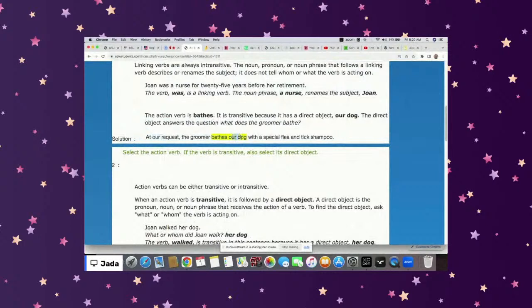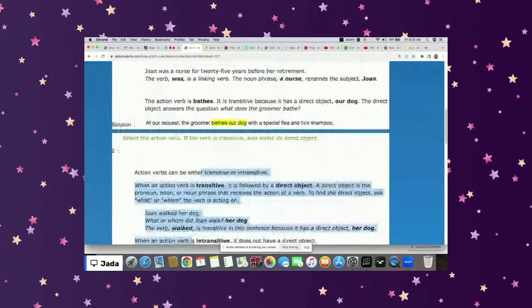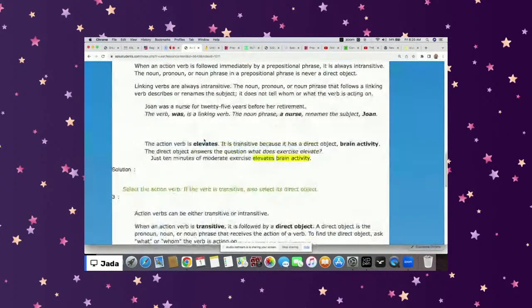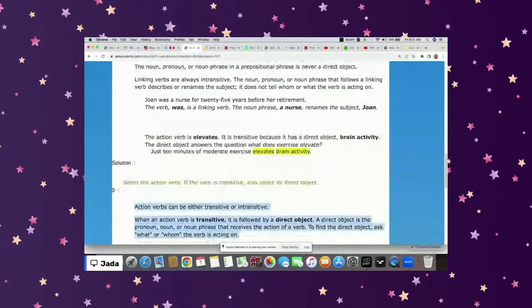It's the dog. So this is transitive. And then also, the question: just 10 minutes of moderate exercise elevates brain activity. So the action verb is elevates. It is transitive and has a direct object, which is brain activity. Yeah, because when you ask what is being elevated, the answer is the brain activity. Okay.